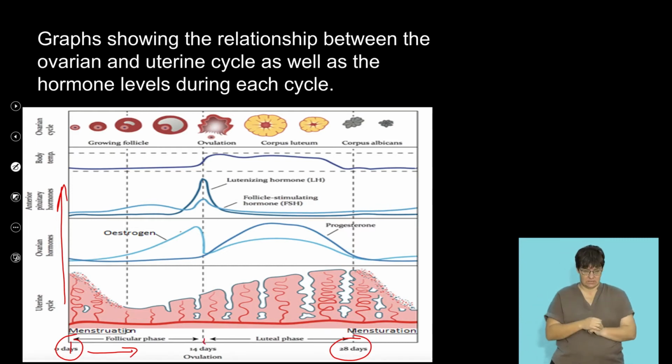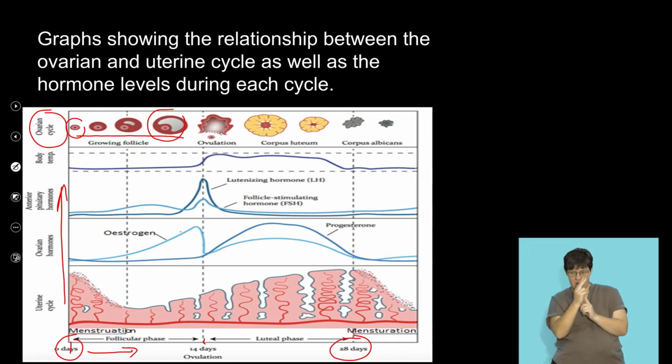This shows you various structures and gives you a sense of what has happened over the first 14 days and then over the next 14 days. If we look right at the top, it shows you the development of structures within the ovary, which we refer to as the ovarian cycle. This points out the development of the primary follicle all the way into a mature Graafian follicle, and then the process of ovulation where an ovum is released.